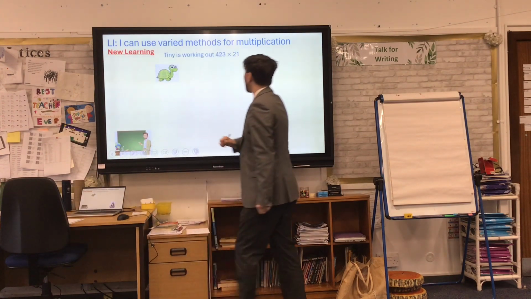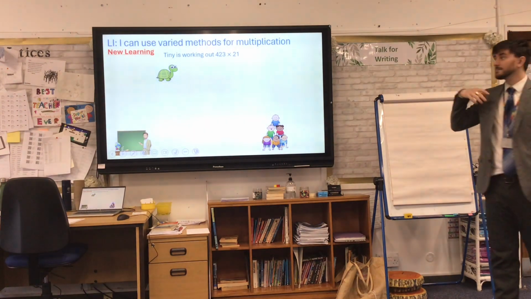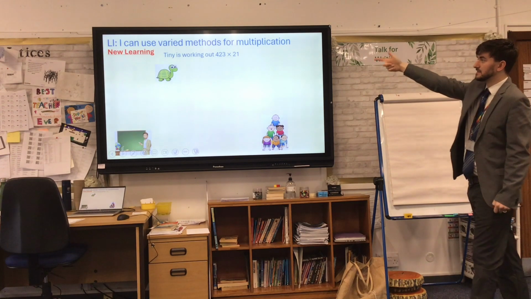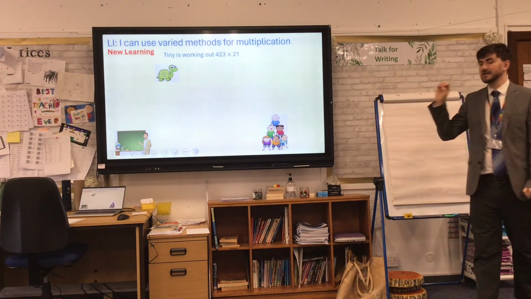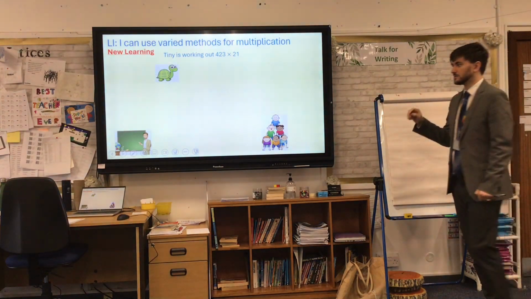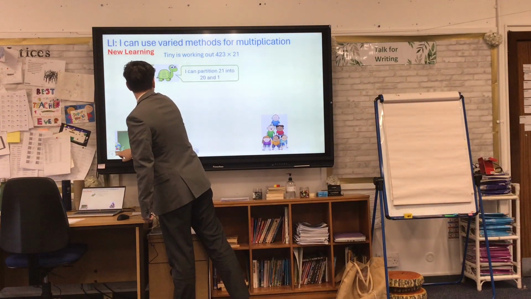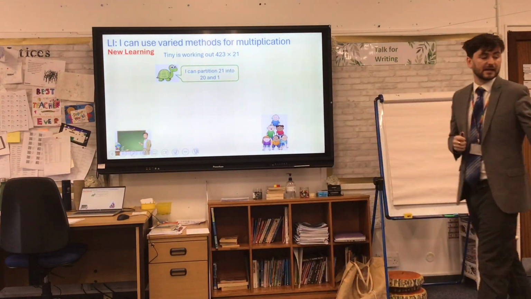As we move on to our main part of our lesson, our new learning for today, we are going to be looking at this sum first. Tiny, there he is, the turtle, is working out 423 times 21. So, this is what Tiny tells us. Pencils down there please.